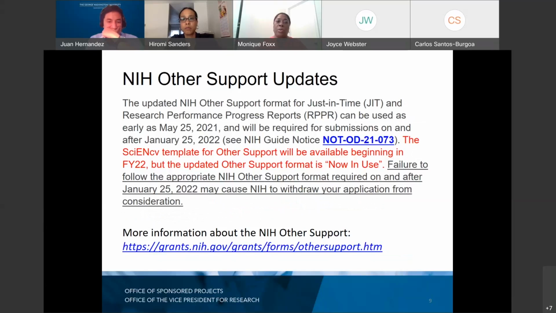So NIH Other Support, this was the area that had the most change. The updated NIH Other Support format for just-in-time and your progress reports, again, can be used as early as May 25th and will be required on and after January 25th, 2022.